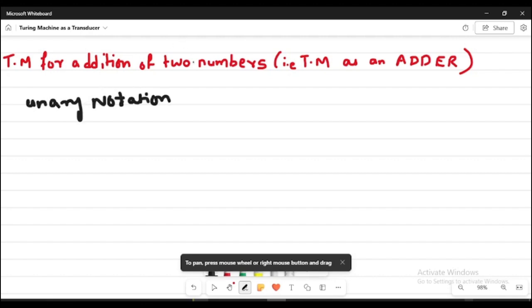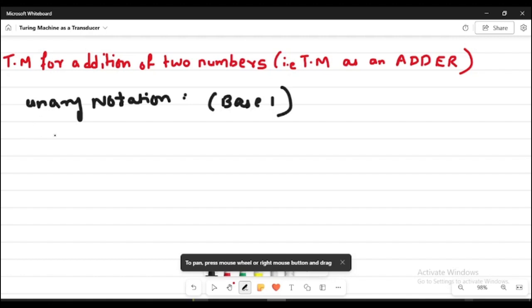What is unary notation? If you take any number, you use only one symbol to represent that particular number. It can also be called base 1. If you remember, in digital logic it is also called base 1.